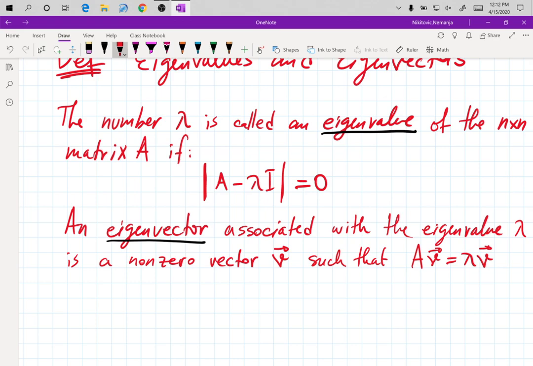This means that when you multiply matrix times a vector and the number times the vector, it gives us the same value. So that A minus lambda I times vector v gives us 0 matrix.